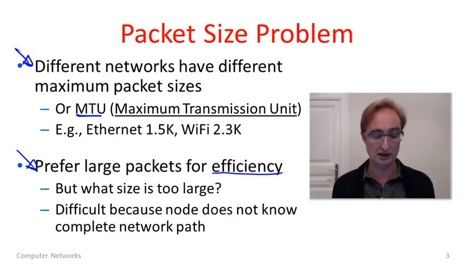So we want a large size. But what large size? What size is too large and what size is okay? This is difficult to work out because a host on the network knows how big packets it can send through the link to which it's attached, but it doesn't know what size packets will fit through somewhere way on the other side of the network if it's sending packets to a particular destination out there.